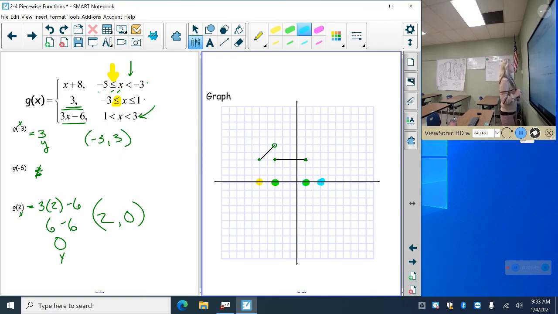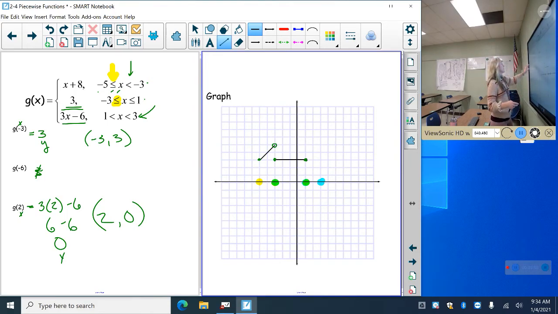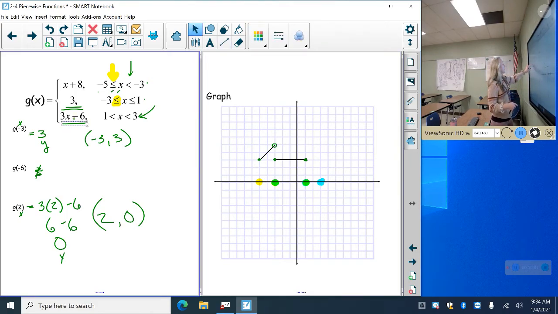The line is going to be 3x minus 6. So if I were to graph that line, the entire graph, and then shrink it down between the domain 1 and 3. So let's look at that. 3x minus 6, so negative 6 is my y-intercept: 1, 2, 3, 4, 5, 6.